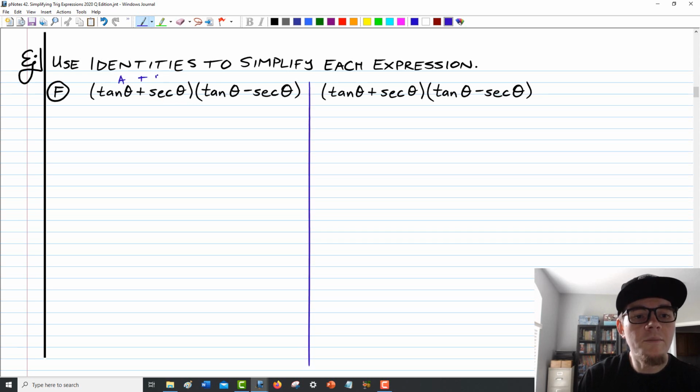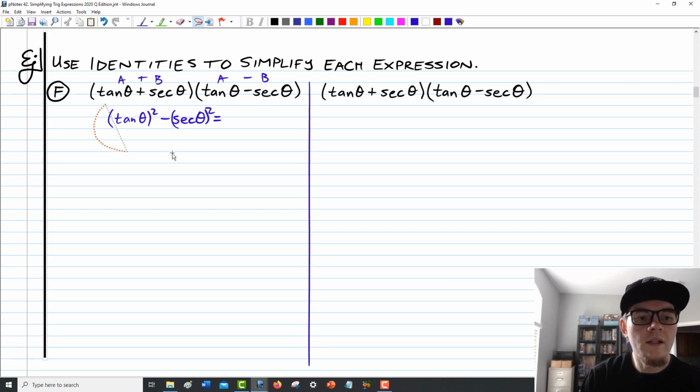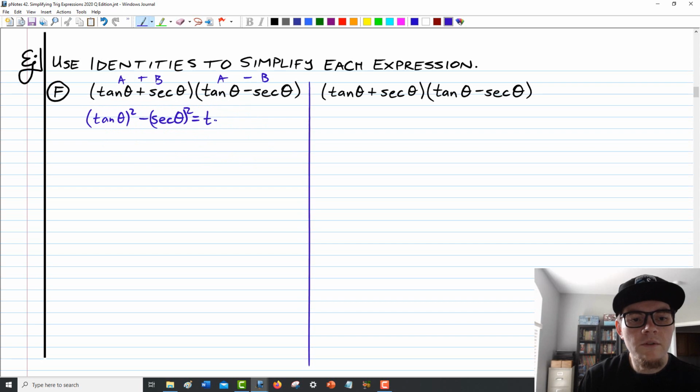I see a plus b times a minus b. We know that should be equal to a squared minus b squared, which means this should be equal to tangent of theta squared minus secant of theta squared, which is a more streamlined version of that expression: tangent squared of theta minus secant squared of theta.